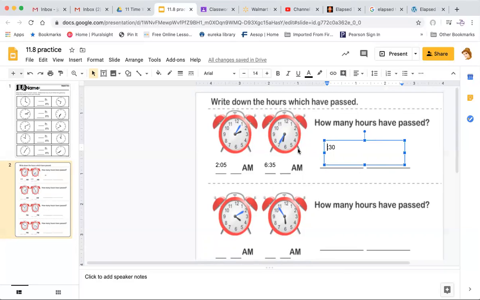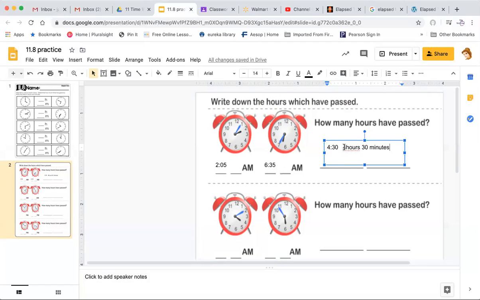Now I need to find my hours. Oh my goodness, I'm just looking at my clock wrong. I went from 2 to 6. So now I'm going to count. 1, 2, 3, 4. So now I can put my 4. So 4 hours, 30 minutes has passed, or I can write it as 4 h 30 m.